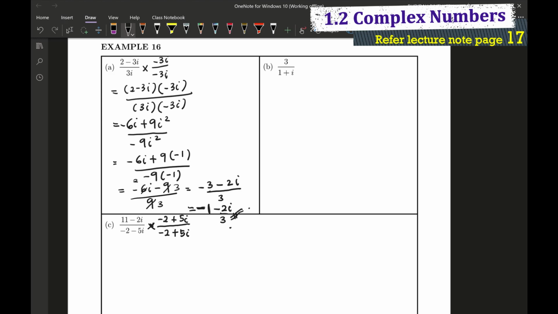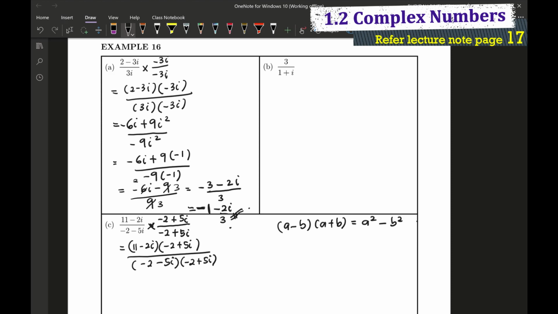This one will become 11 minus 2i times -2 plus 5i over -2 minus 5i multiplied by -2 plus 5i. For a conjugate, we still use this formula whereby a minus b multiplied by a plus b equals a squared minus b squared.